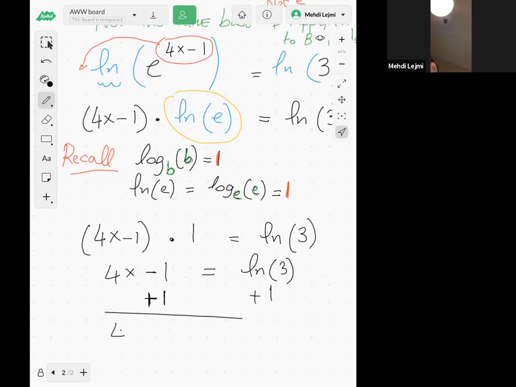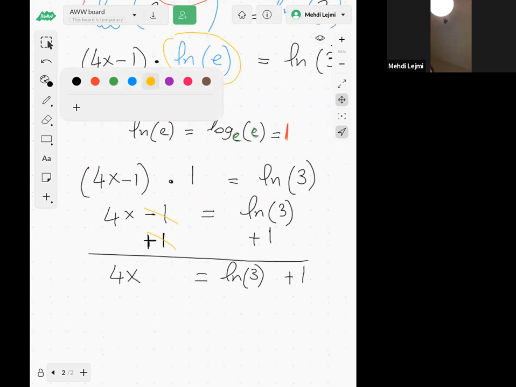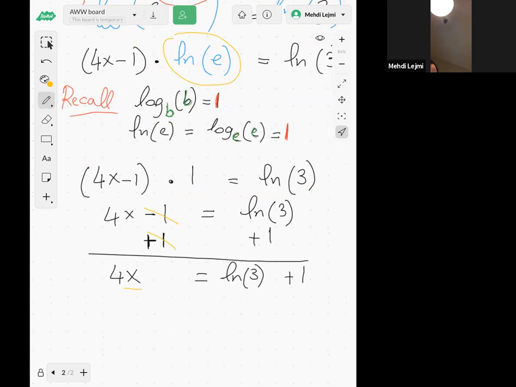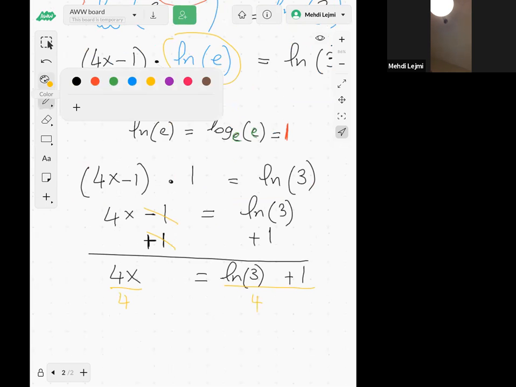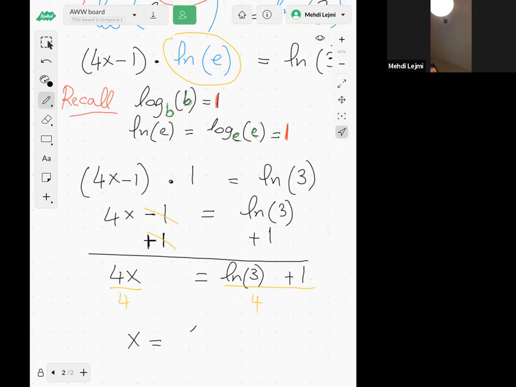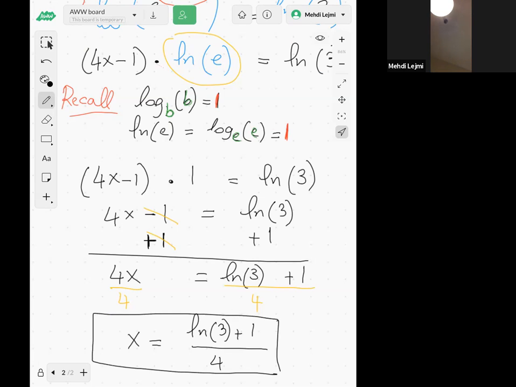So this is 4x equal to natural log of e plus 1, and then finally to get rid of the 4, I'm going to divide the whole thing by 4. So x on the left side is equal to natural log of e plus 1, the whole thing divided by 4. That will be my x, and that's the final answer.